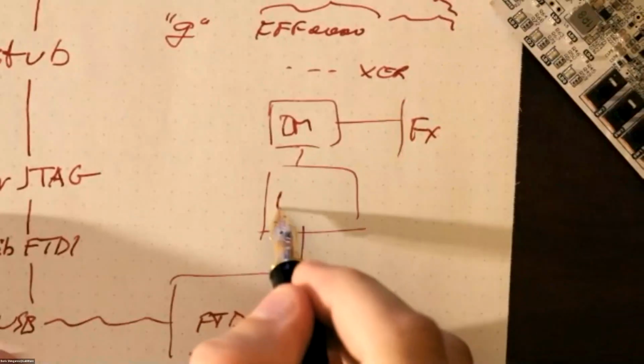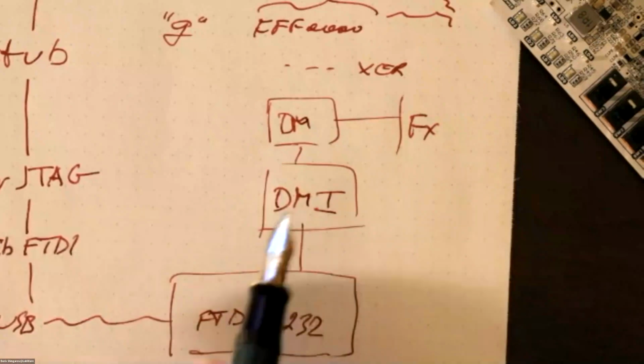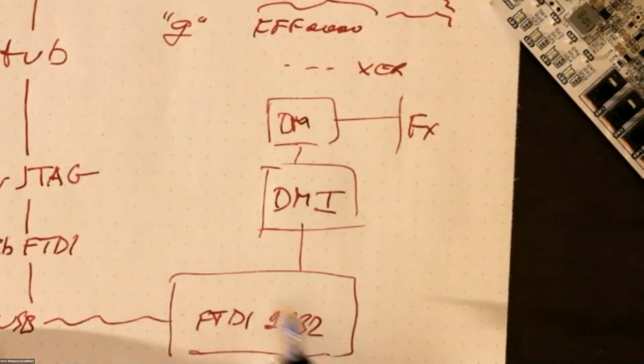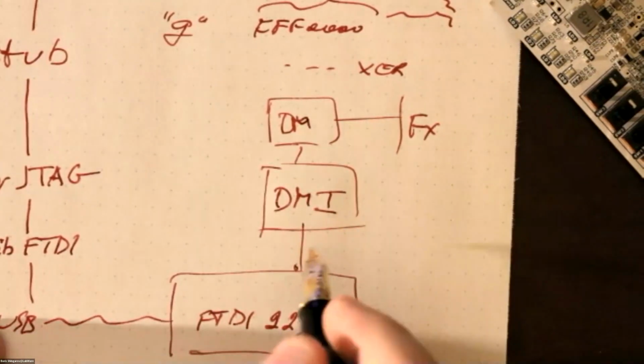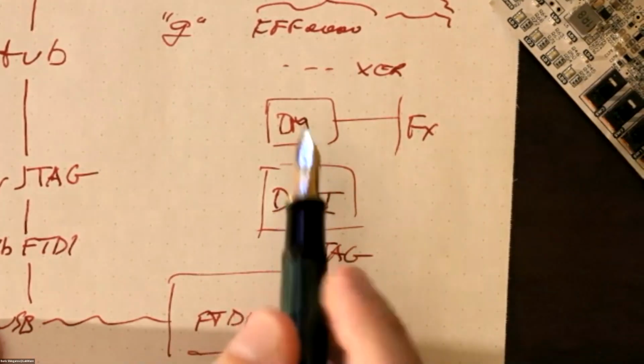This is your debug module interface. So this is the debug module, and this is the DMI that sits between this JTAG protocol, and these are just some wires inside Microwatt.